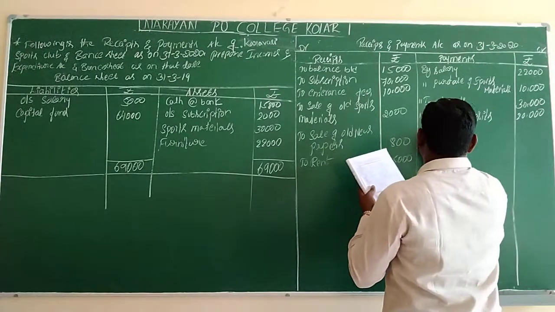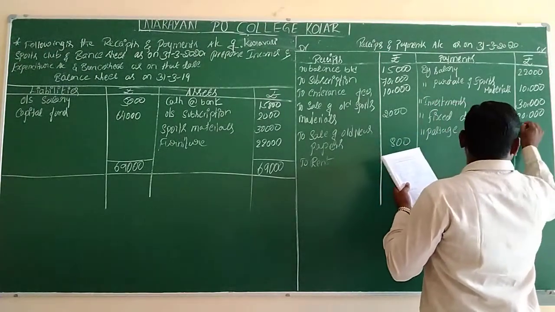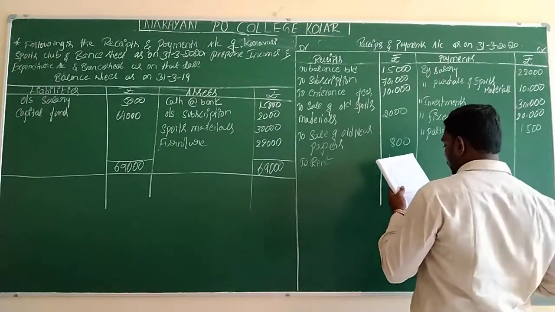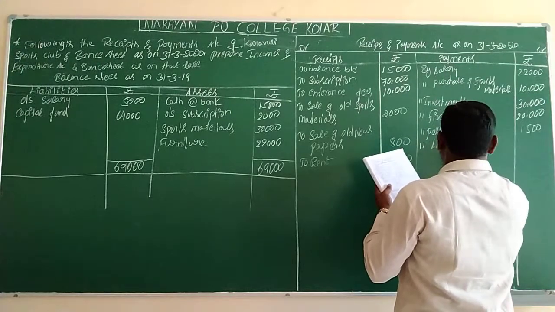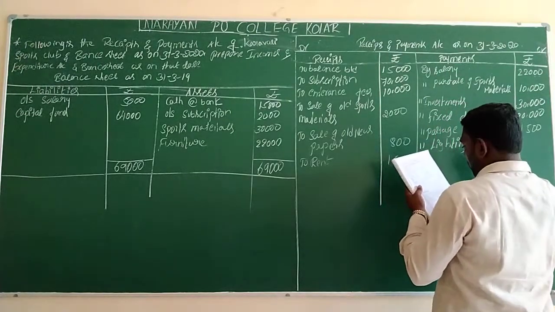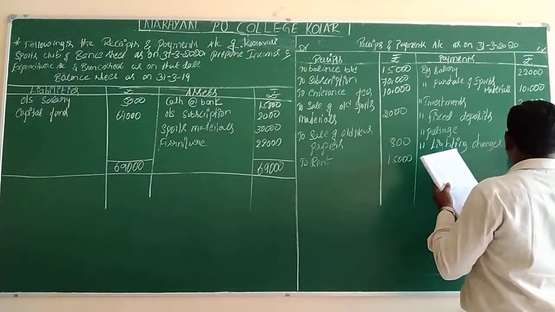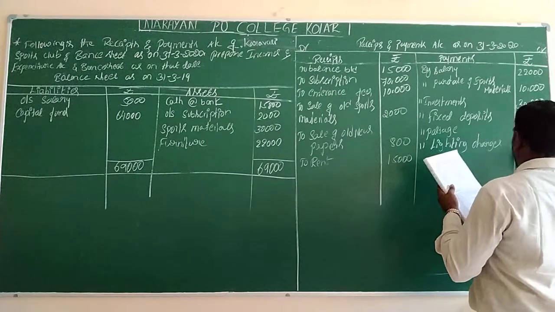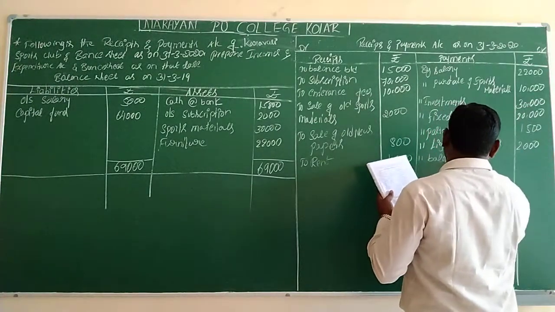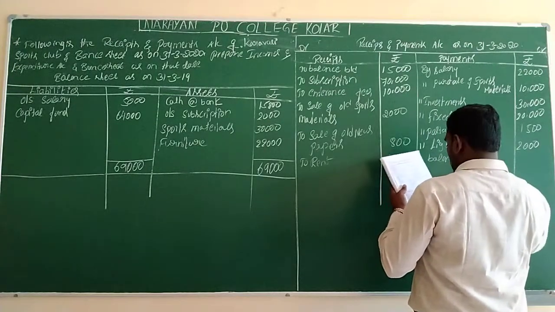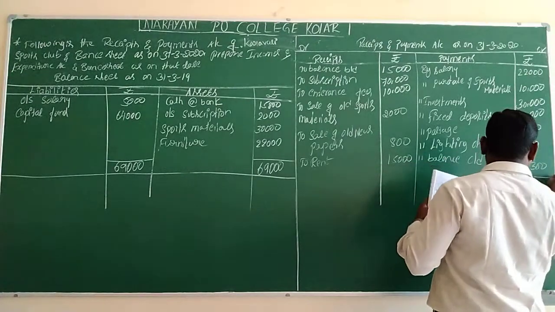By postage 1,500. By lighting charges 2,000. By balance carried down 27,300.